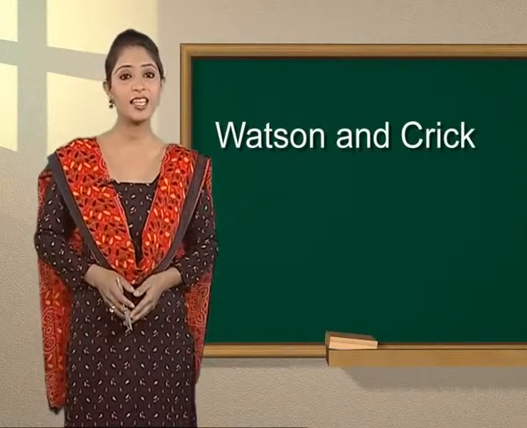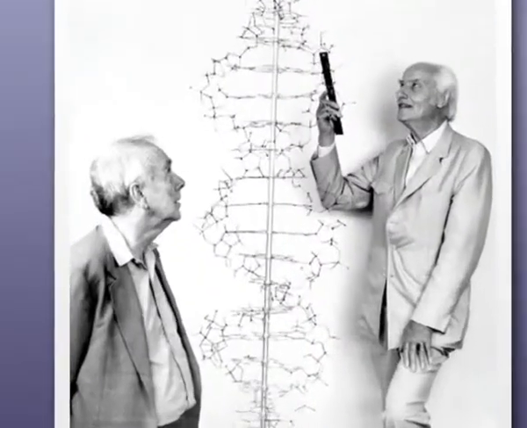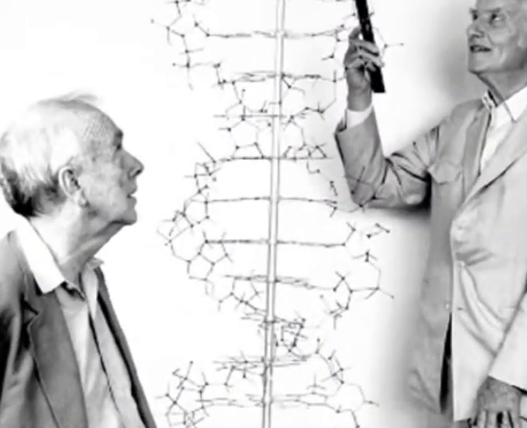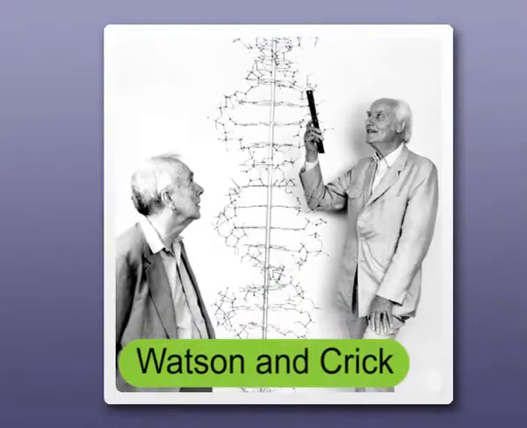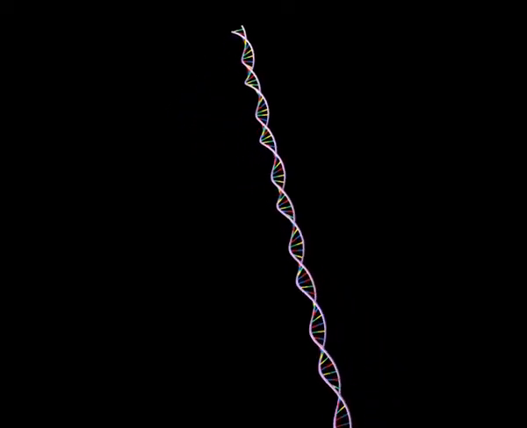In a double helical structure given by Watson and Crick, the two polynucleotide chains are helically wound to each other by pairing of bases through hydrogen bonds.